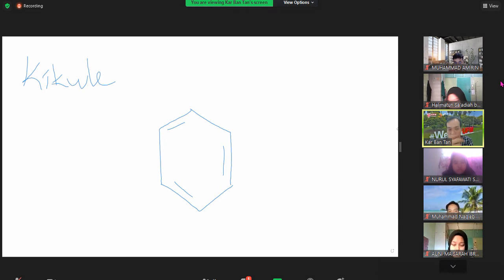This is why the name is the Kekulé structure. He tried to solve the structure for benzene, which is C6H6, but every carbon has to be 4 coordinated.